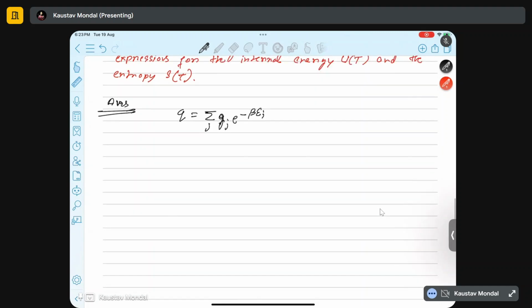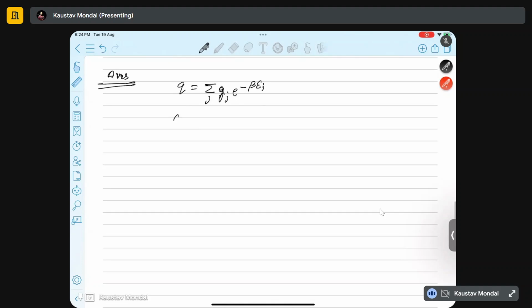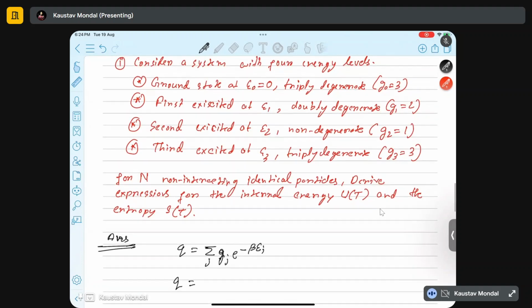Now j is the index of the energy state, and gj is the degeneracy associated with the energy state Ej.